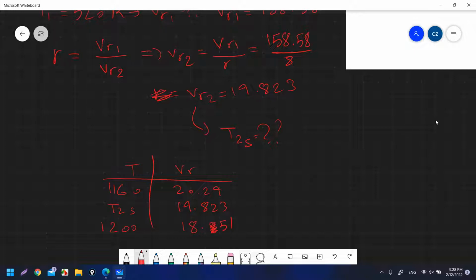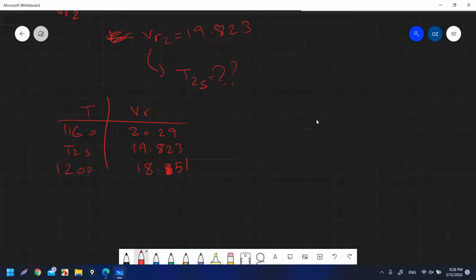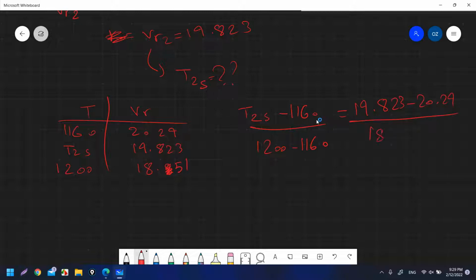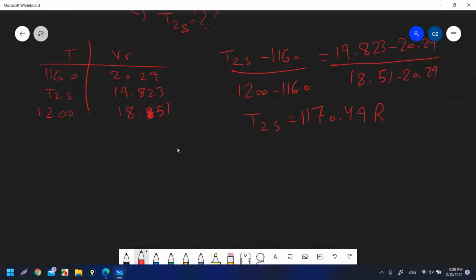So T2S minus 1160 over 1200 minus 1160 equals 19.823 minus 20.29 over 18.51 minus 20.29. So T2S is equal to 1170.49 Rankine.